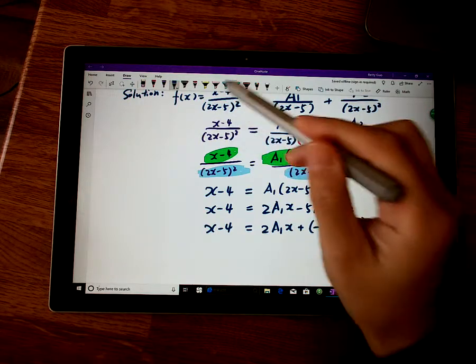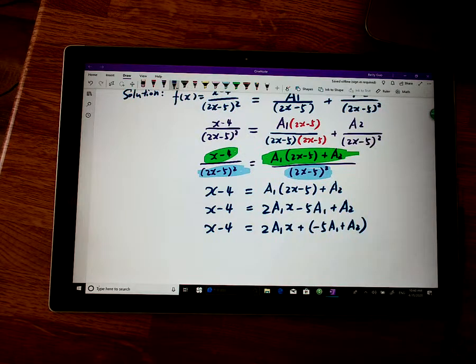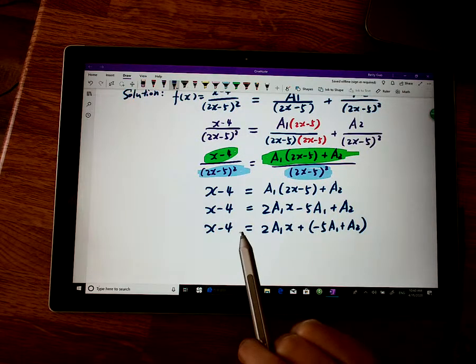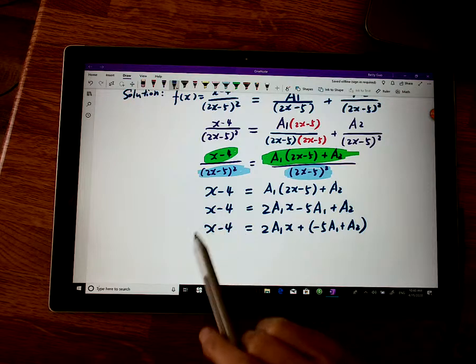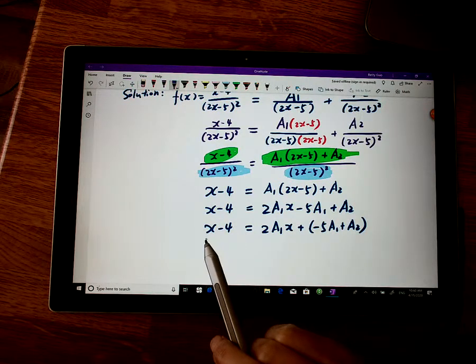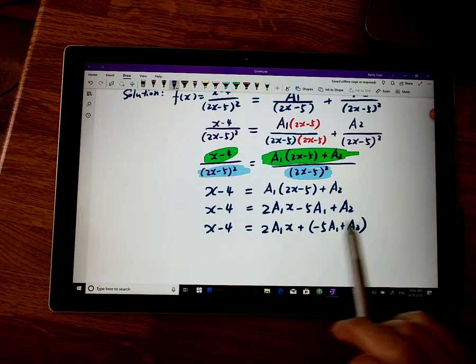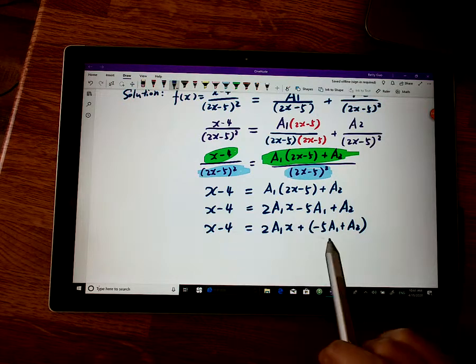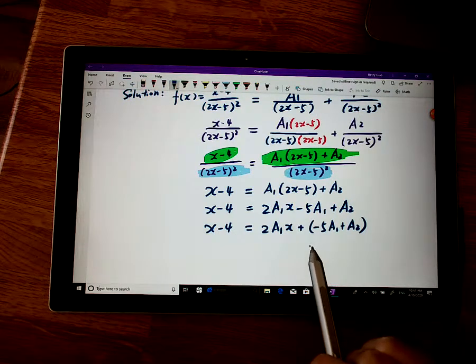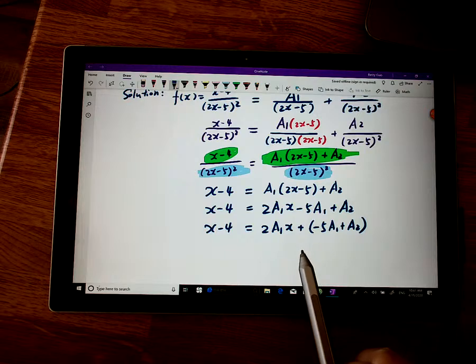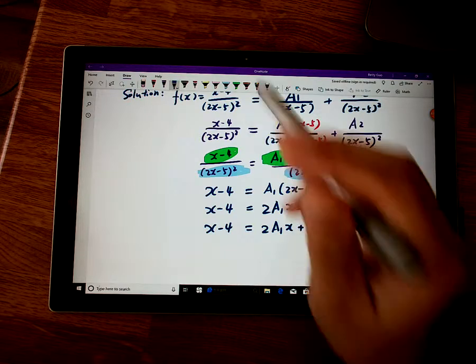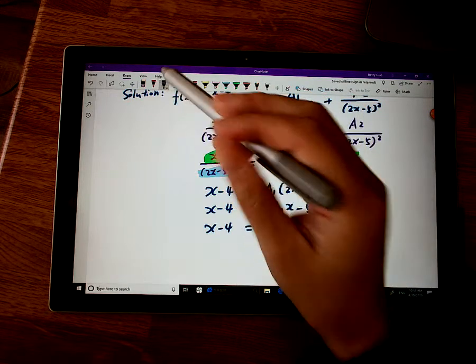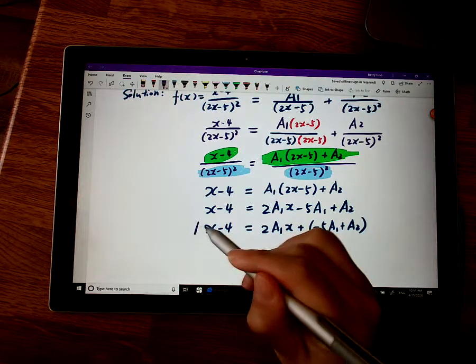Okay, so now we're going to use the same idea that we did earlier. This equation equates a linear polynomial on the left and a linear polynomial on the right-hand side. Then if the two linear polynomials are equal to each other, their corresponding coefficients should be equal to each other. Firstly, can anyone tell me what's the coefficient of x here?